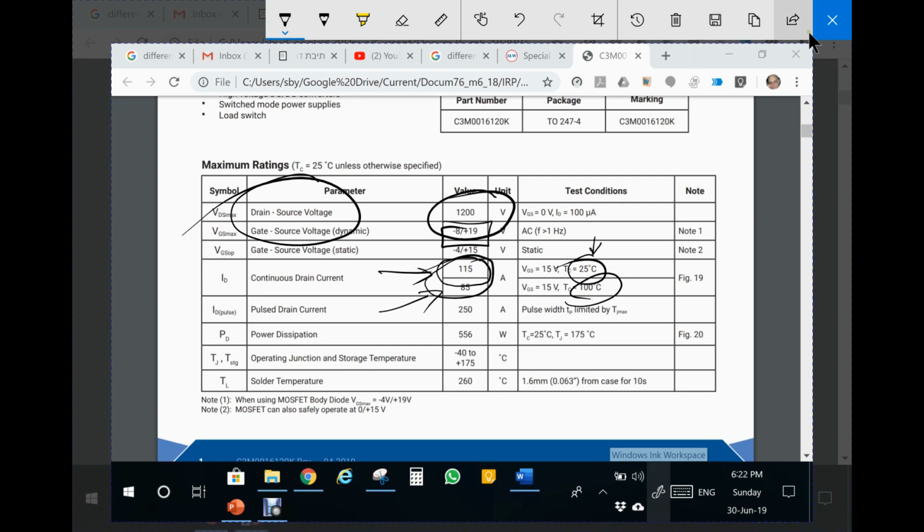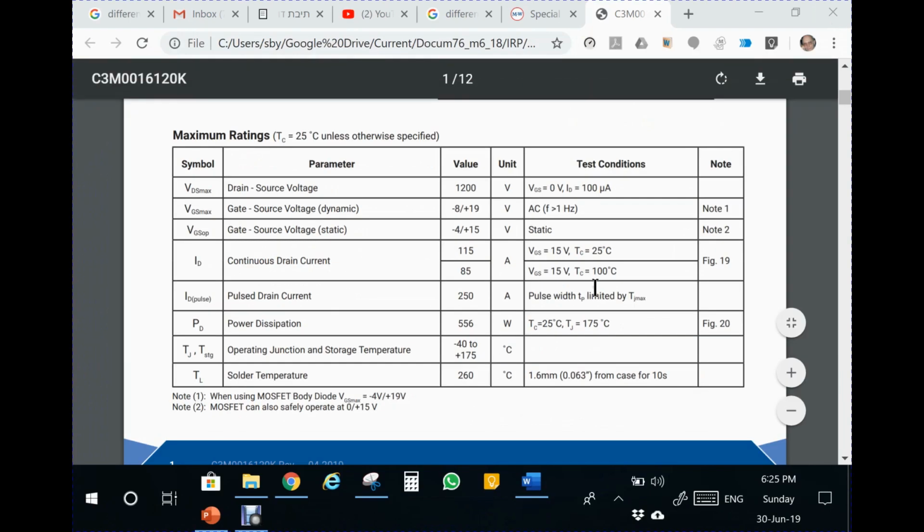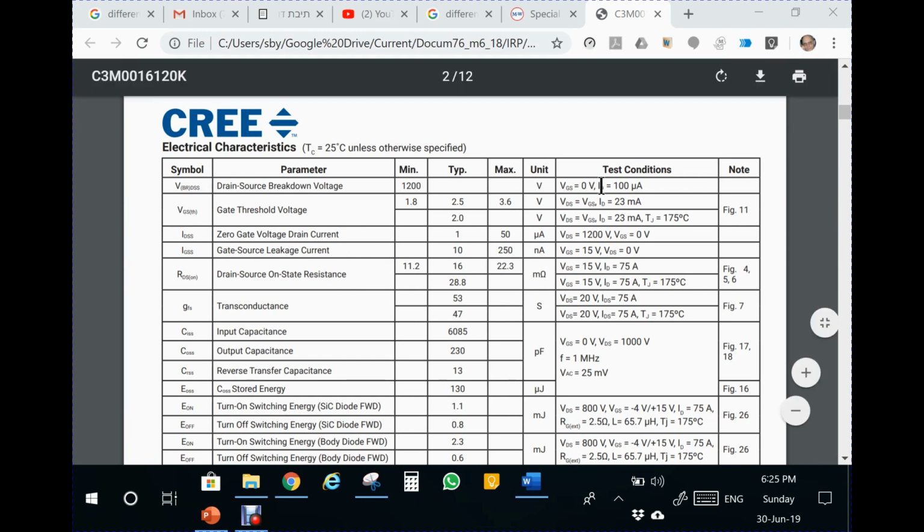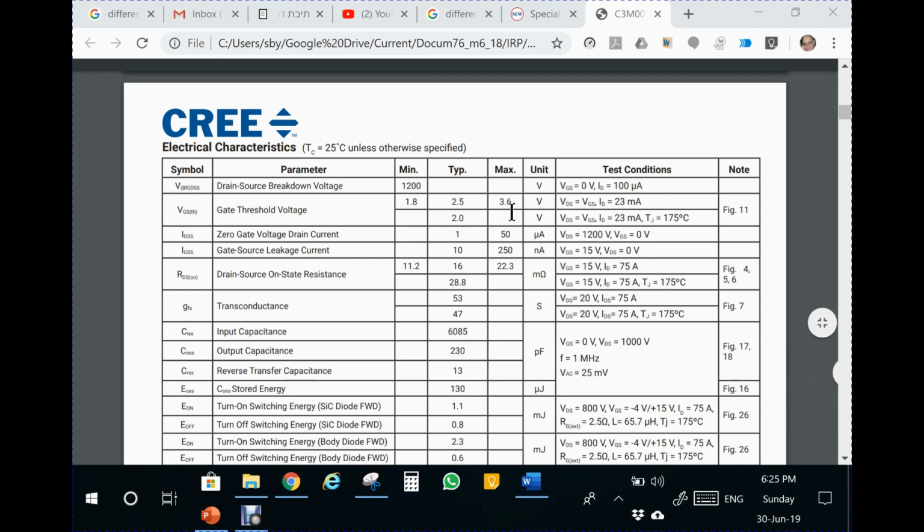So let's go on now with this data sheet and go now to the actual electrical characteristics. This is the operating condition, and here all these are for 25 degrees unless otherwise, of course, specified. So we have the 1200 volt, we have the threshold voltage. This is when the device starts to conduct.